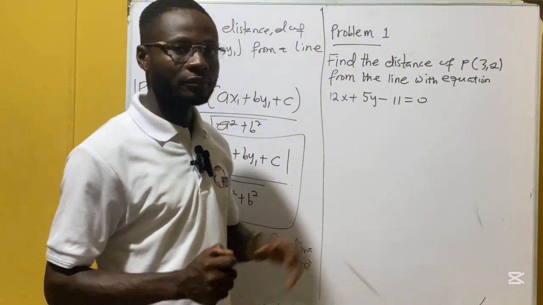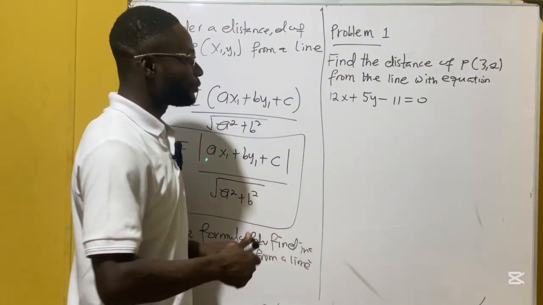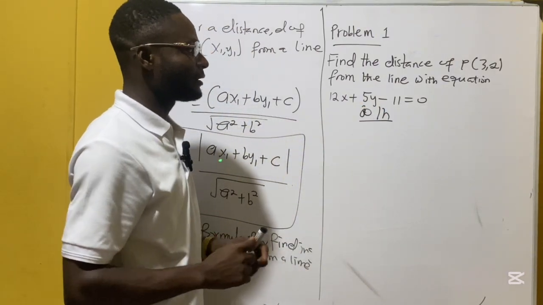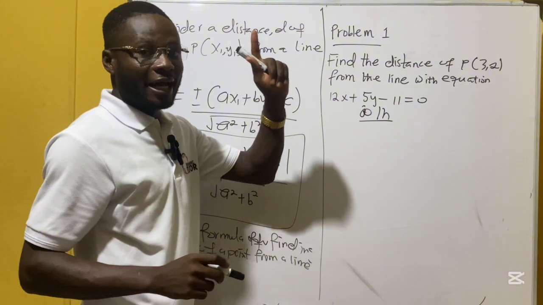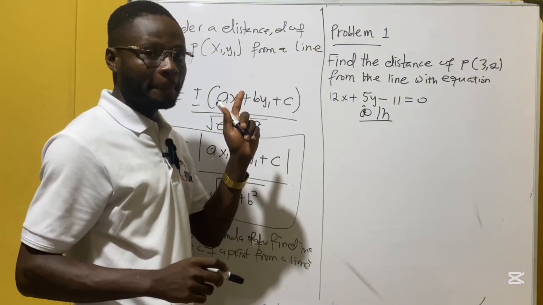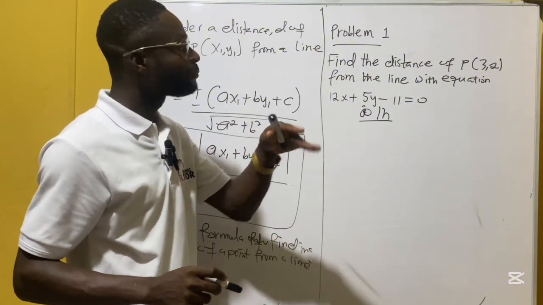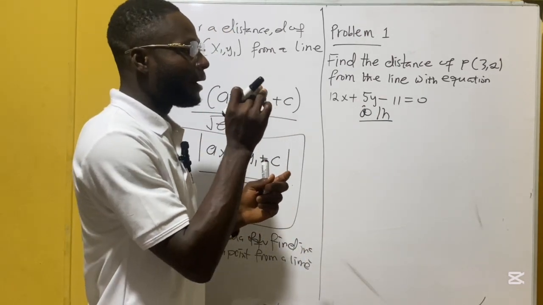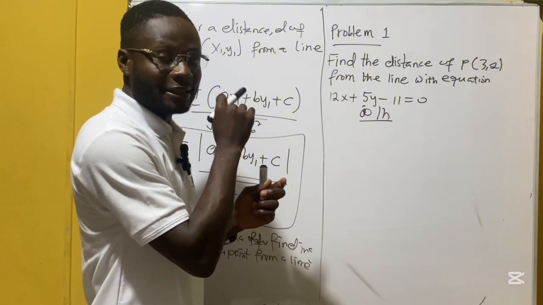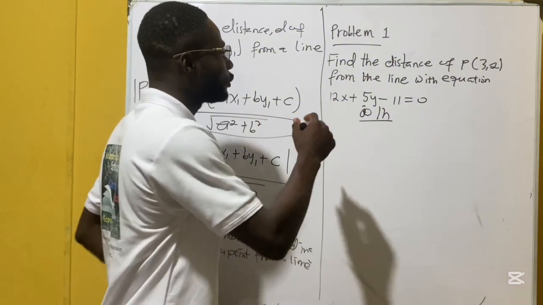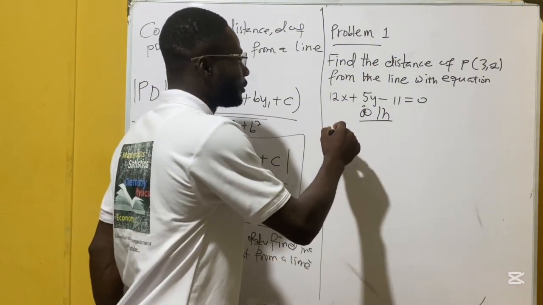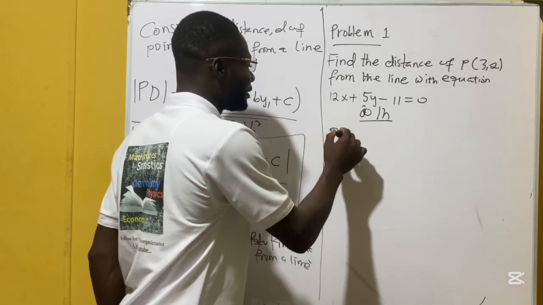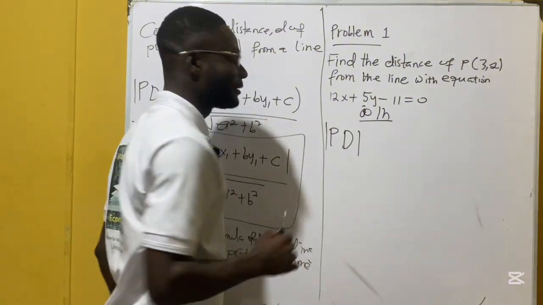Find the distance of P with coordinates 3 and 2 from the line with equation 12x plus 5y minus 11 equals 0, right? So basically, this problem is telling us to find the distance of a point from a line. So let's say the line is D, and we are assuming that this is having distance PD.